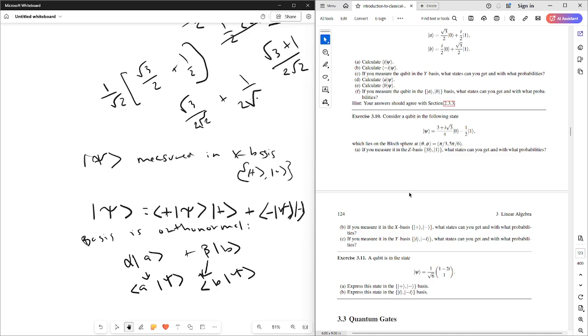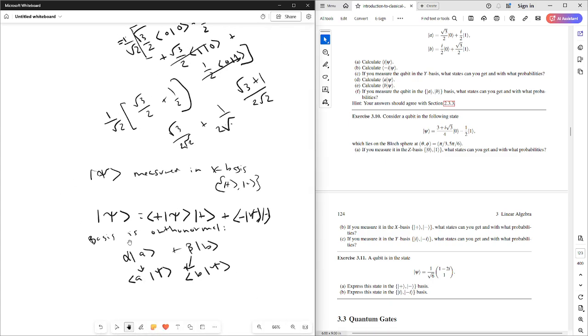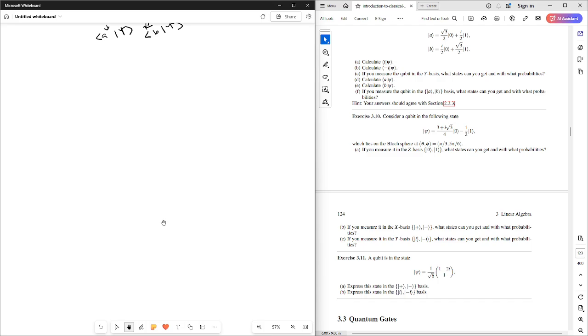Okay, let's take a look at 3.1 or 3.11. All right, so we have a qubit in superposition, and they give this to us in a column vector format.